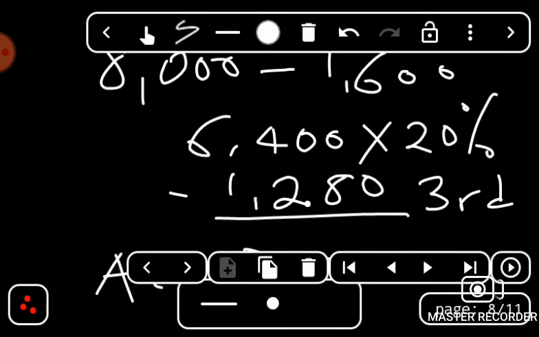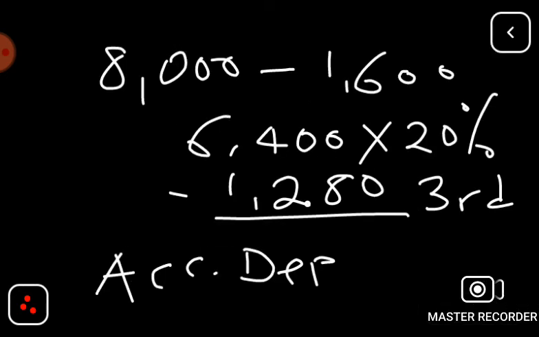So accumulated depreciation for the year will be 4,880.